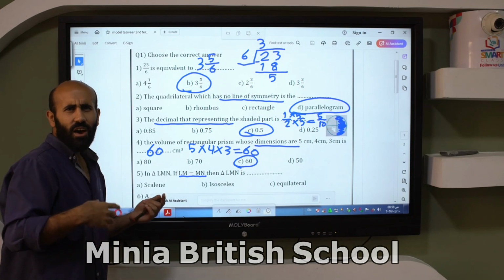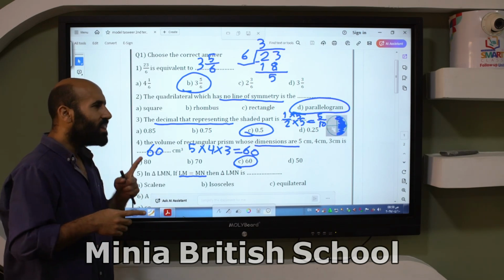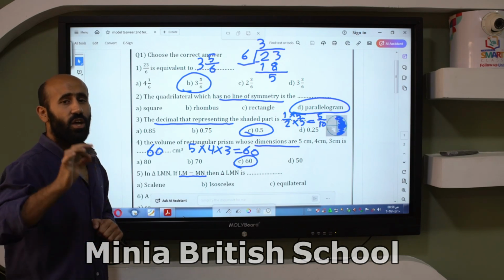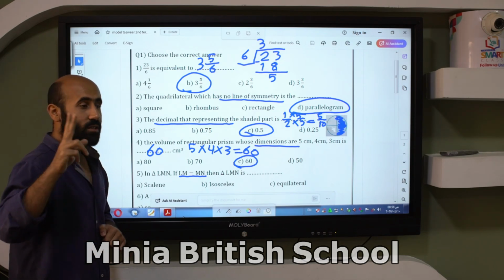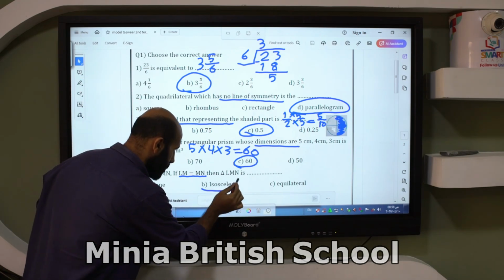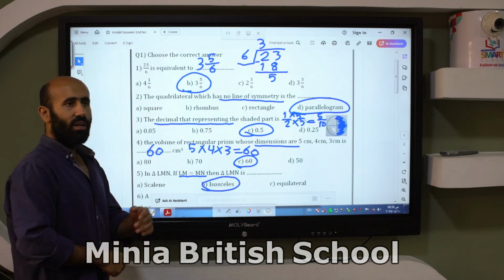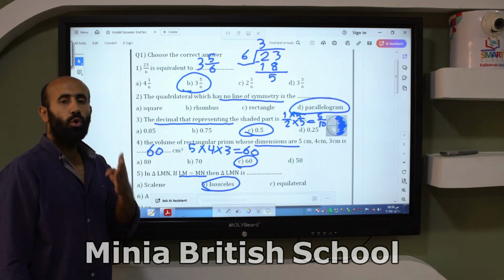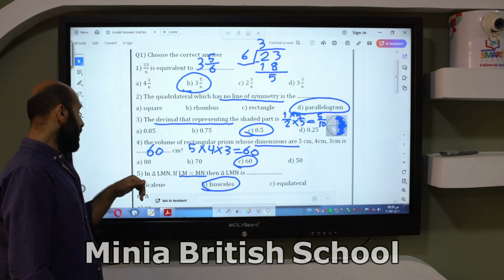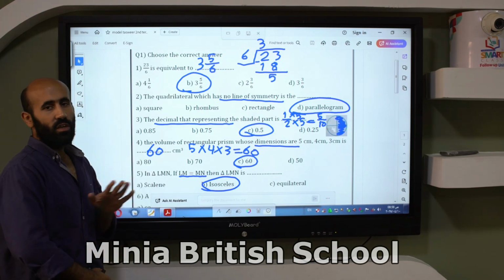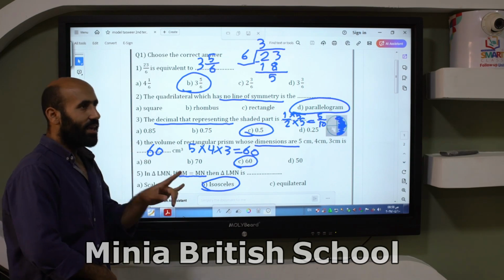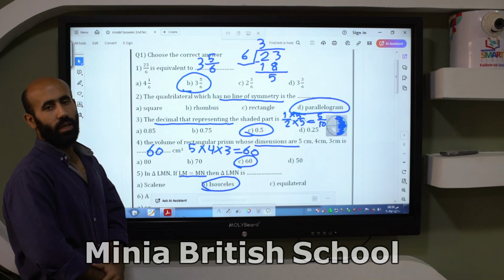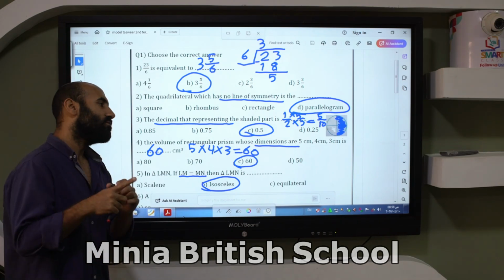That means I have two equal sides, and the only triangle which has exactly two equal sides is the isosceles. Some of you may say, why not the equilateral? The equilateral has 3 equal sides, all sides are equal, and the scalene has no equal sides. The only case which has 2 equal sides is the isosceles triangle. Is it clear for you? Let's get to the next.